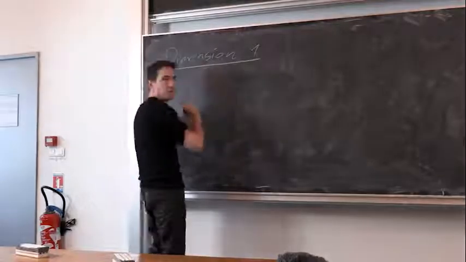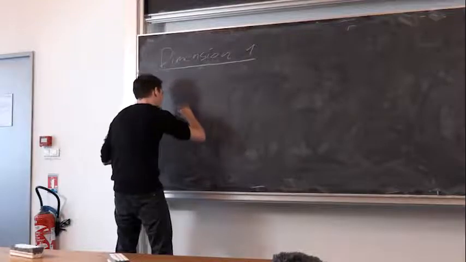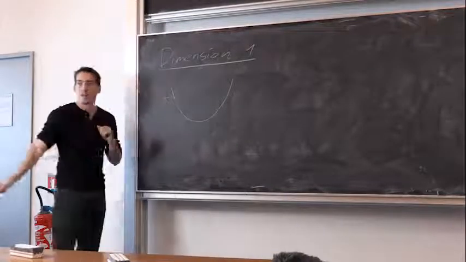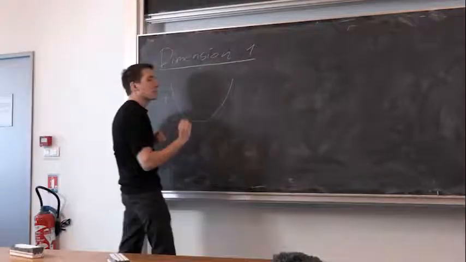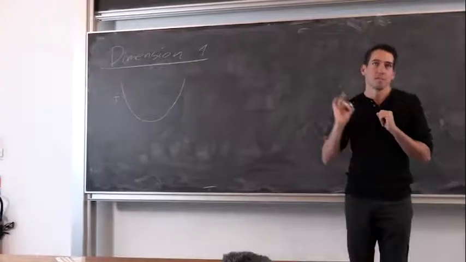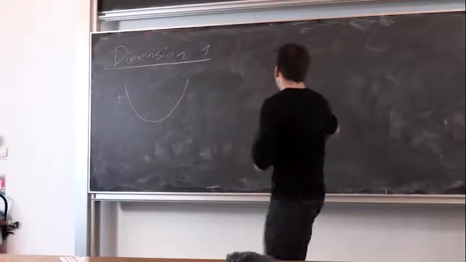So the first observation I want to make is the following. If this is the function f, suppose I know where the point z is. Of course I don't, but suppose that I did know.